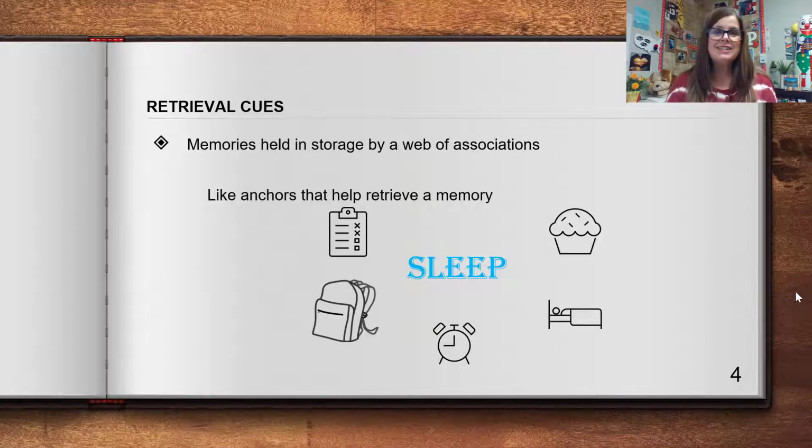So every single one of our memories is somehow intertwined and connected to a number of other memories. There are a number of associations that we can make with one memory to another memory. And all of these associations, they're really like anchors that will help you to retrieve a memory.